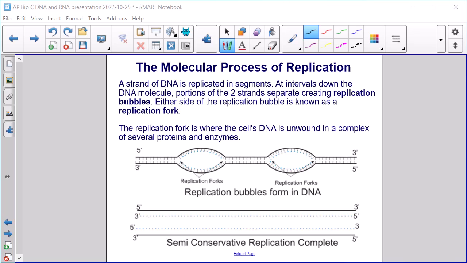Either side of the replication bubble, here, here, here, and here, is known as a replication fork. The replication fork is where the cell's DNA is unwound in a complex of several proteins and enzymes.